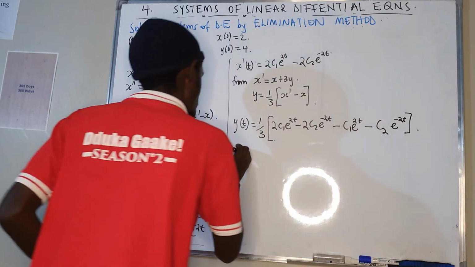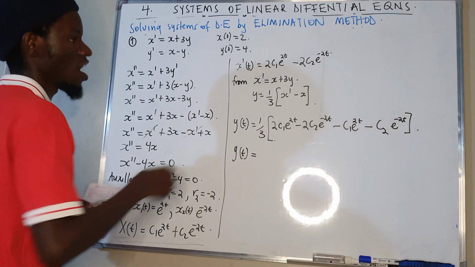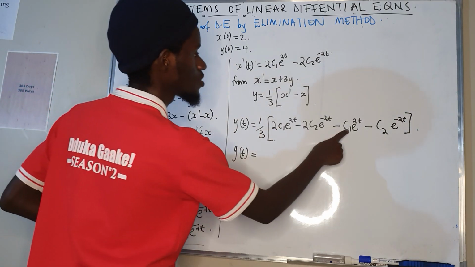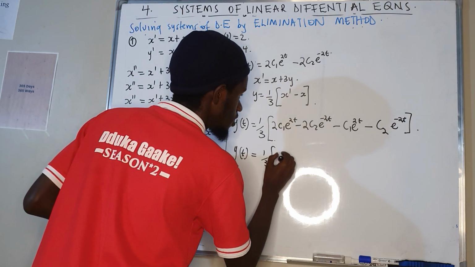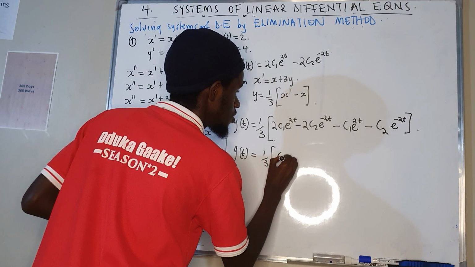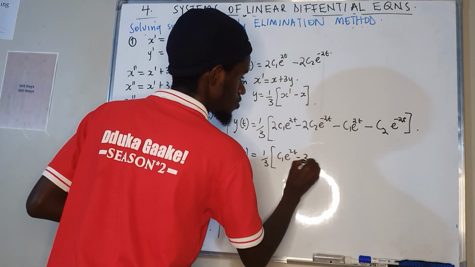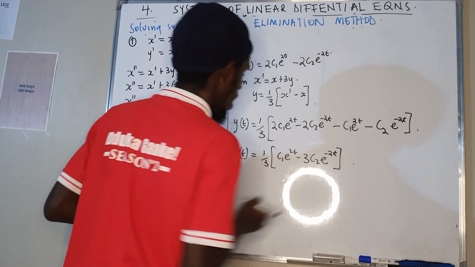This way. Therefore, my y at t is the same as having, if I add, this is just to be negative, this is 2, and then this minus 1, I have c1, then I have a third into c1 e power 2t, and then I have negative 3 minus 3 c2 e power negative 2t as my y.